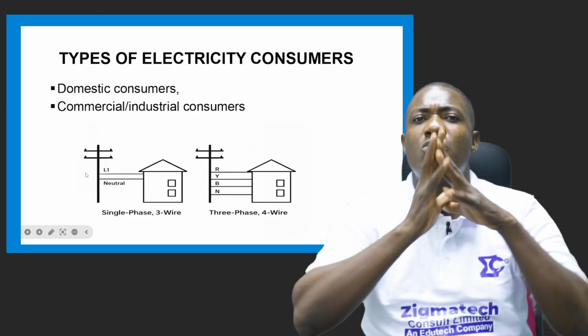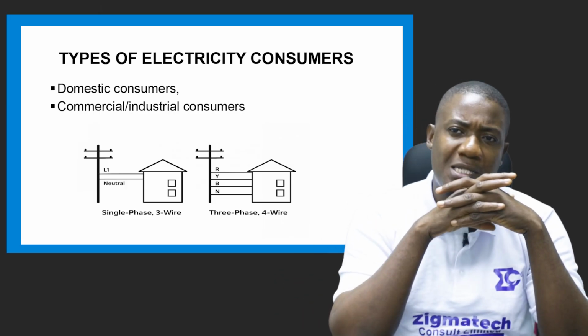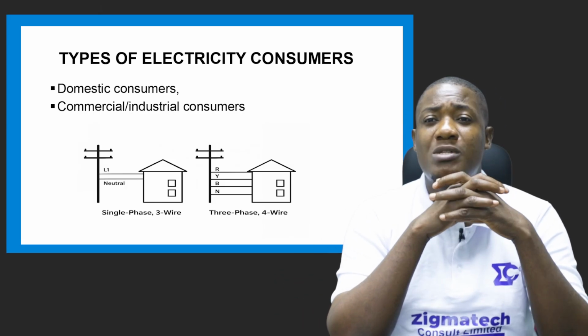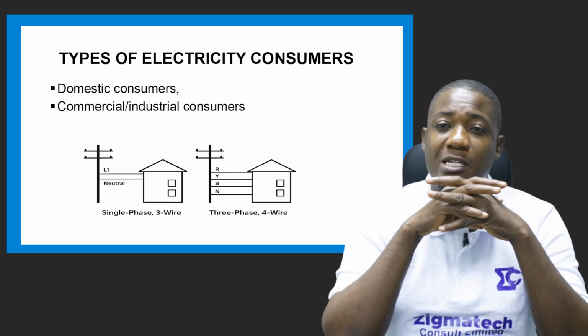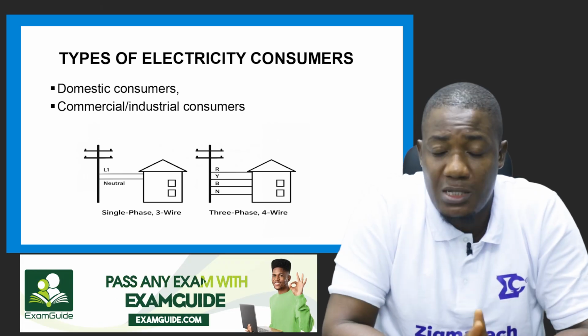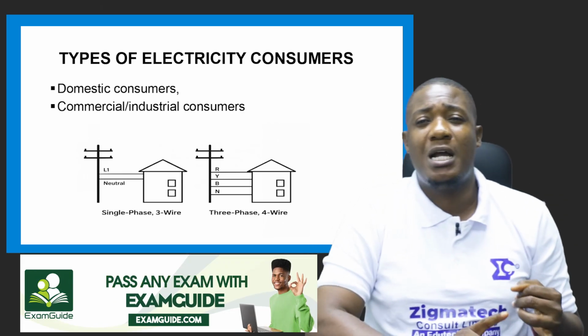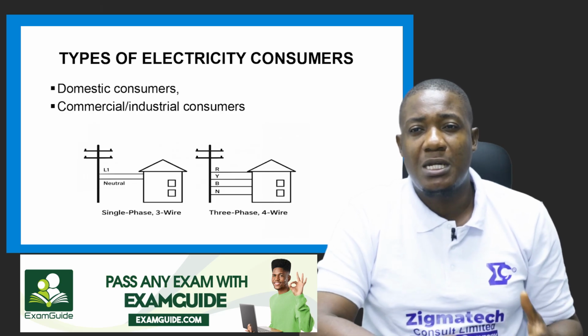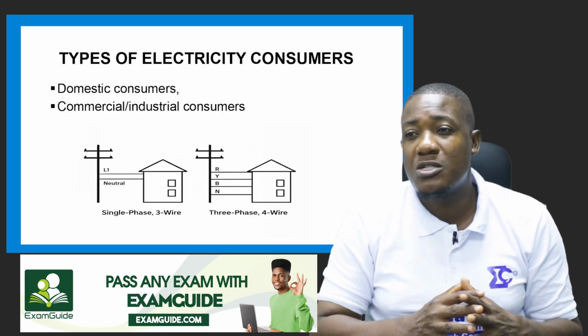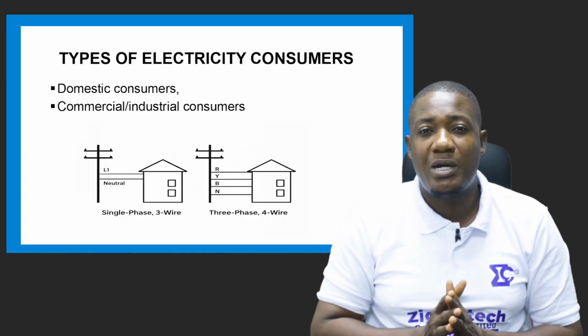Okay, we have 2 types of consumers of electricity. The people that utilize electricity, there are about 2 types. There are domestic consumers and commercial or industrial consumers. Now, domestic consumers are those ones that just make use of electricity, right?